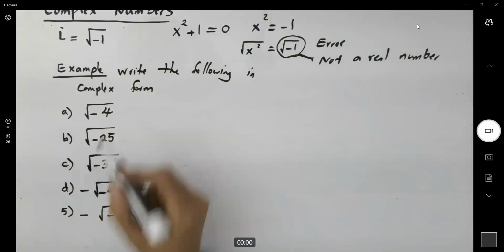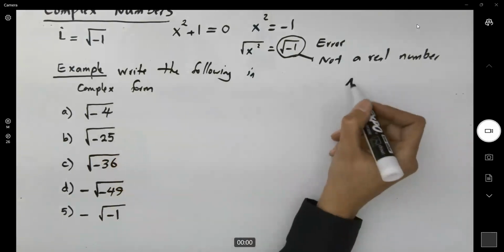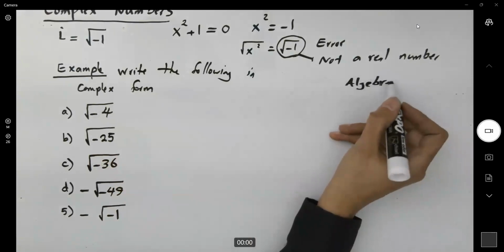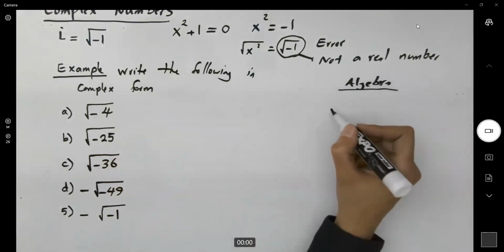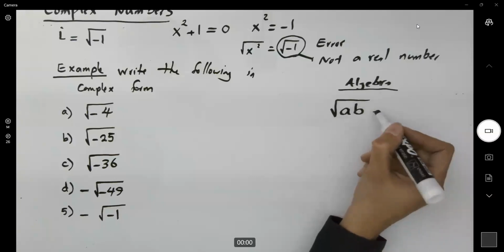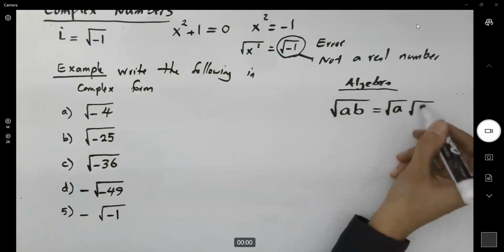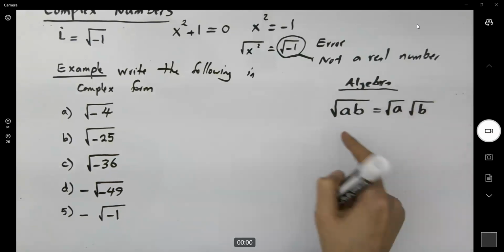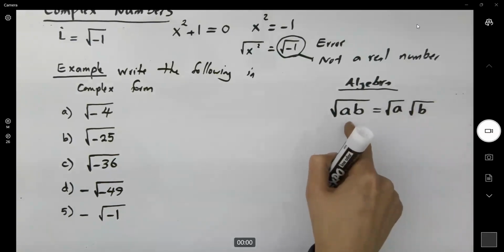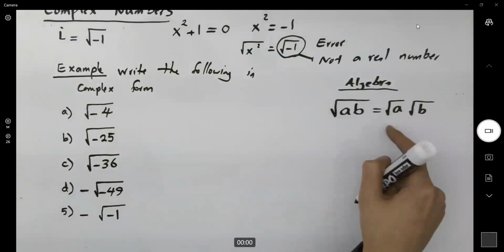Well, let us begin by this guy. First of all, from algebra, remember that if you have the square root of A times B, you can separate this and write it as square root of A times square root of B. If you have multiplication between two numbers, you can separate the radicals.